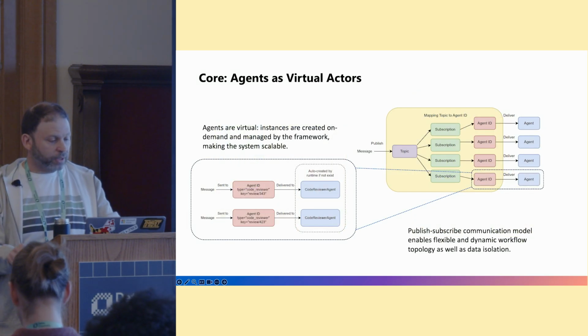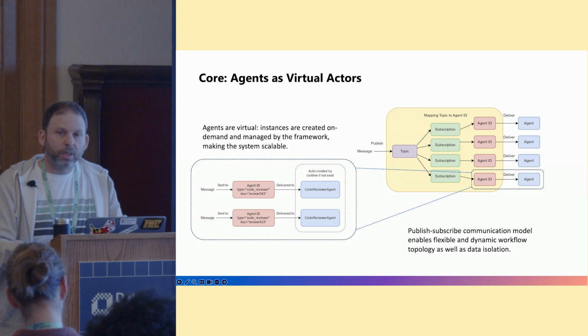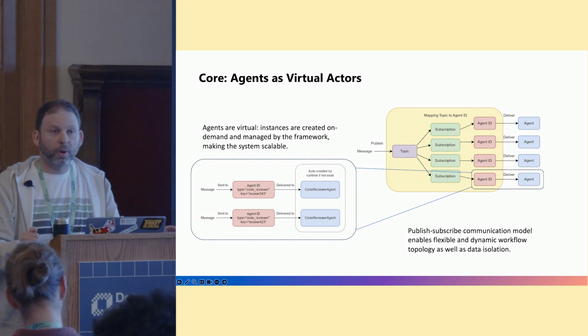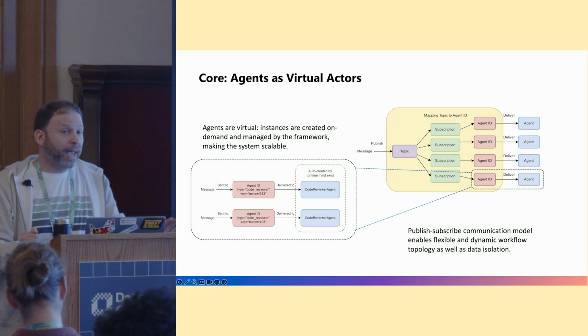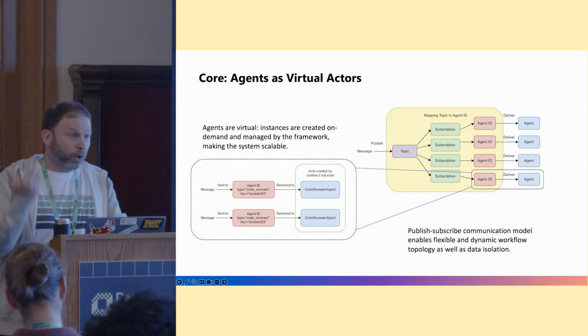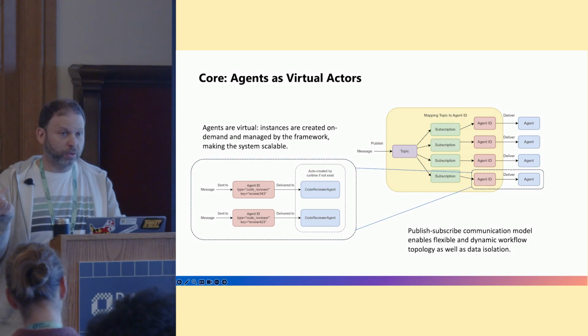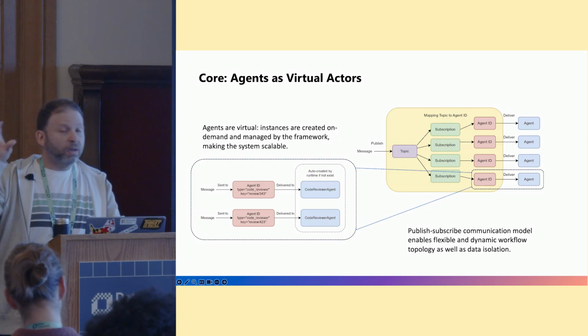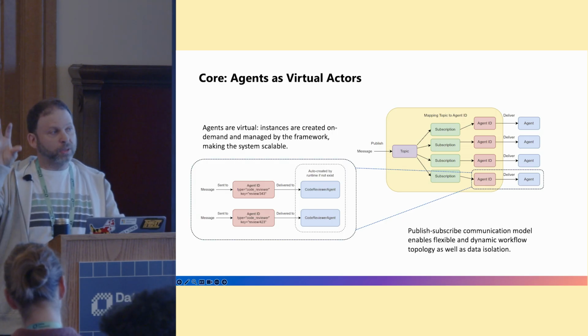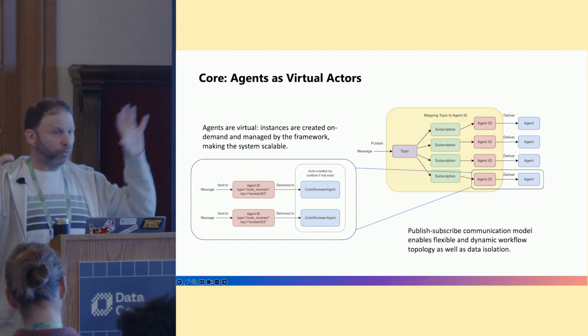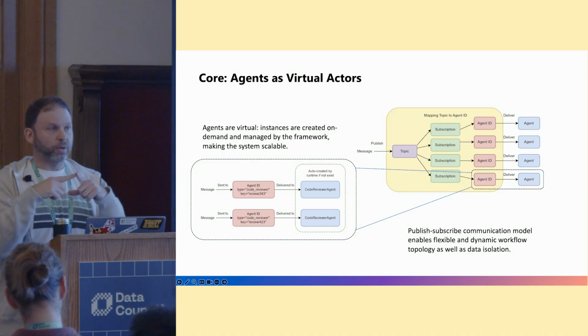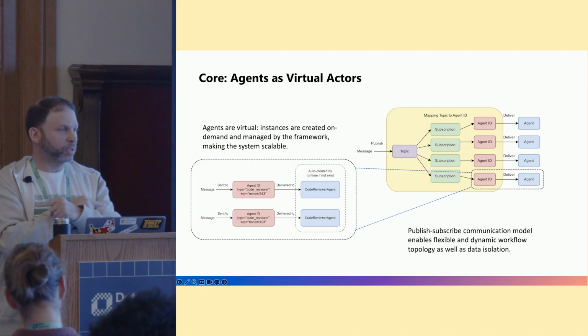One cool thing about this is that the agents are lazily spawned. What does that mean? The actual agent won't start running until it gets the first message. When you use agents, you have all these different pieces of software talking to one another and passing messages.